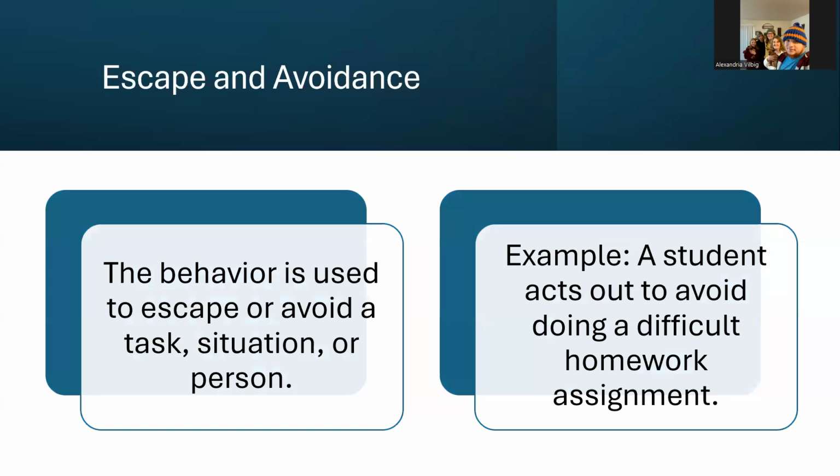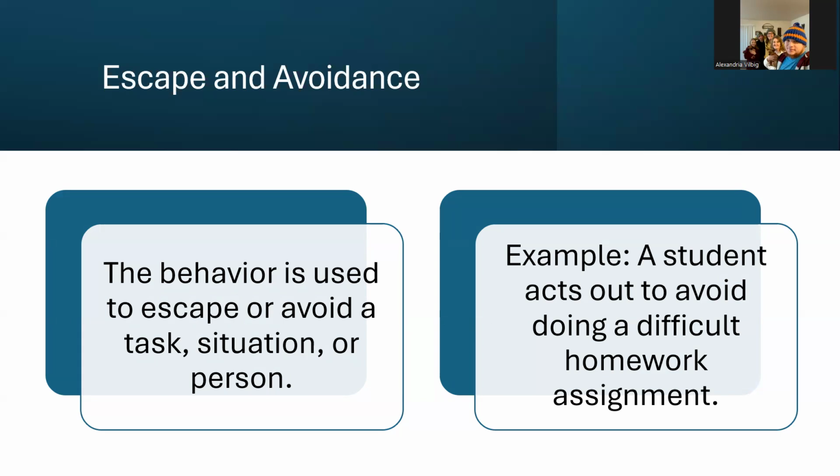Another function is escape and avoidance. There's a subtle difference between escape and avoidance. It falls into the same category, but essentially escape is when you are trying to escape something that's already happening. Say you're in a math test and a child starts throwing his desk or tapping his pencil or something to escape something that's already going on.